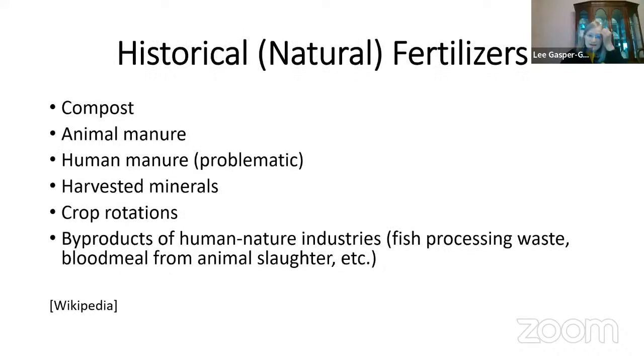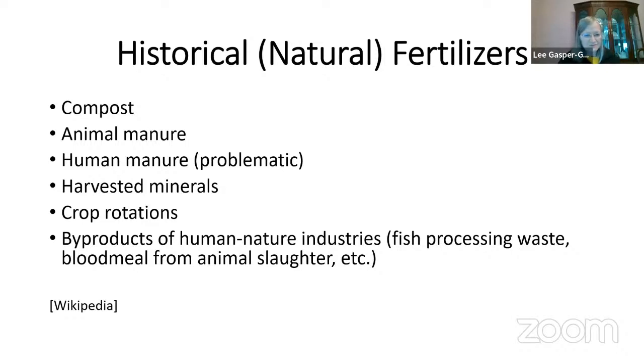So historically, the natural fertilizers would be things like compost, like rotting vegetation matter, animal manure, human manure, which was problematic because the microbes that might be disease causing in the human manure would get recycled back into the plants, and then people would eat the plants again. So human manure is not really a good idea, but it has been used.